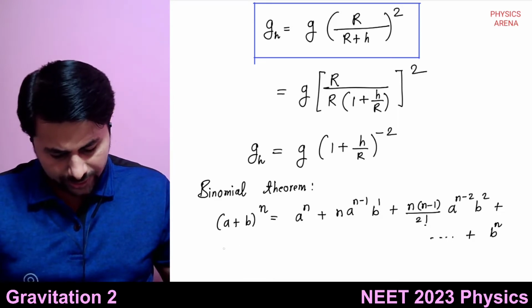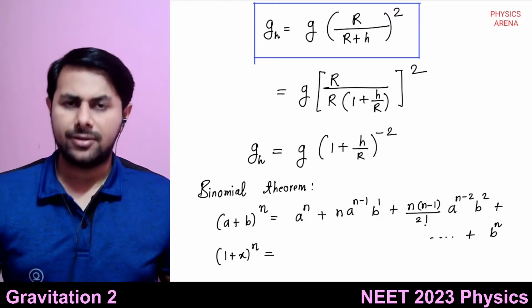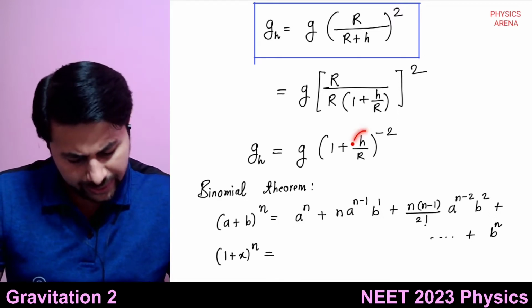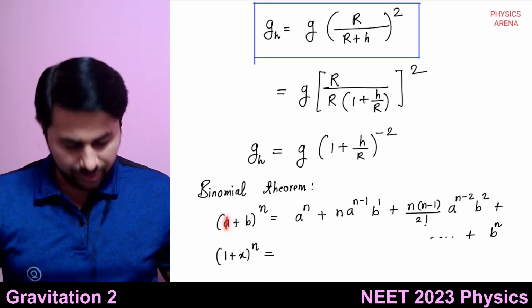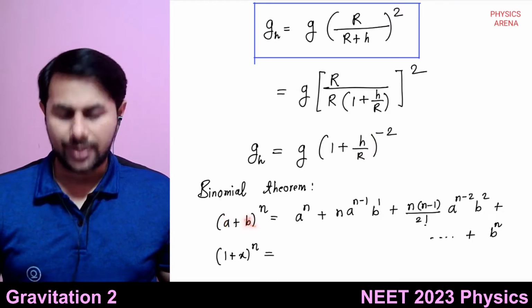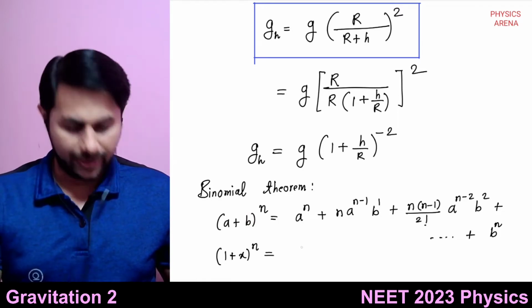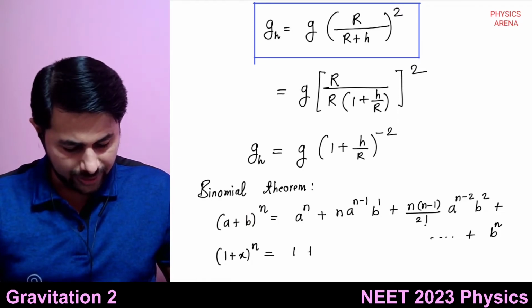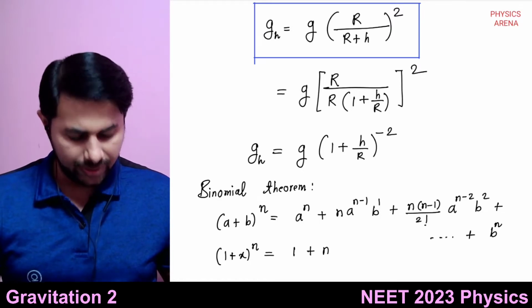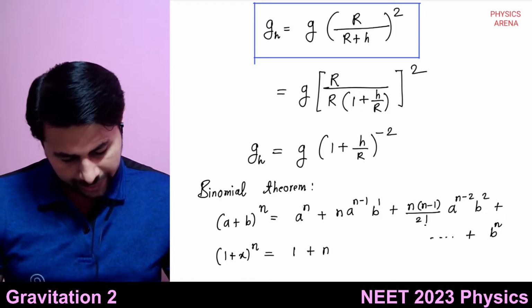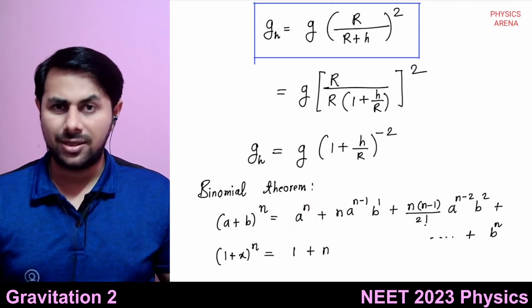Okay, so using this you can write 1 plus x raised to n. Okay, and what is our x? It is h upon r. So a is 1, b is x. Okay, so it will be 1 raised to n, that is 1, plus n times. Now a is equal to 1, so a raised to anything is 1.